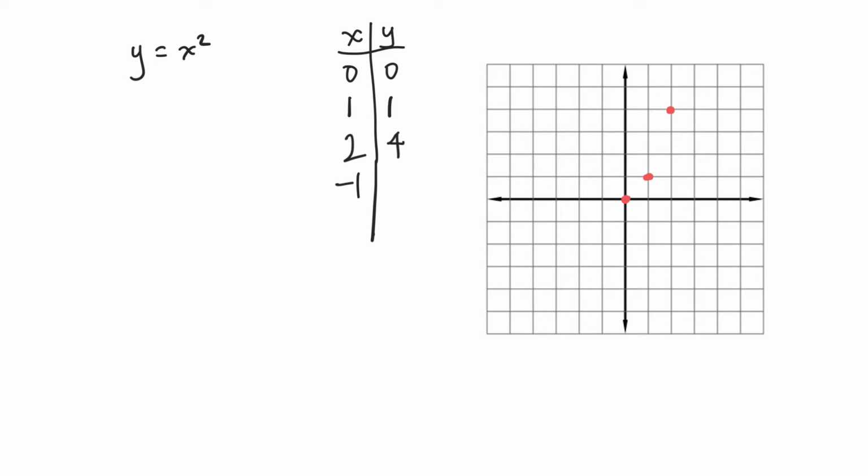If we plug in -1 here and square it, -1 squared is +1. So now I've got a point (-1, 1). That's here. So now we're starting to see the general shape of all of our solutions.